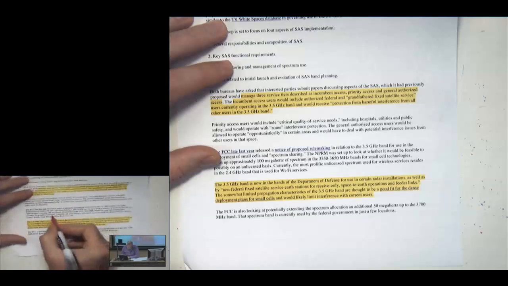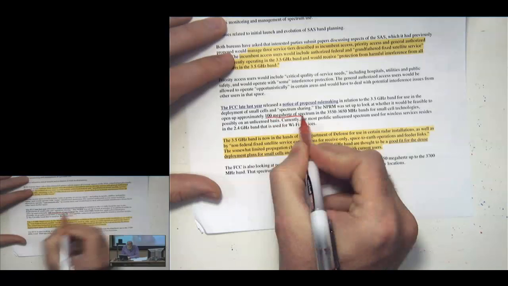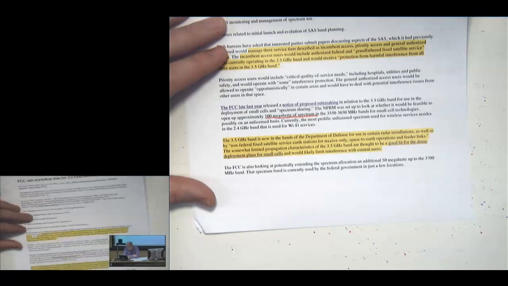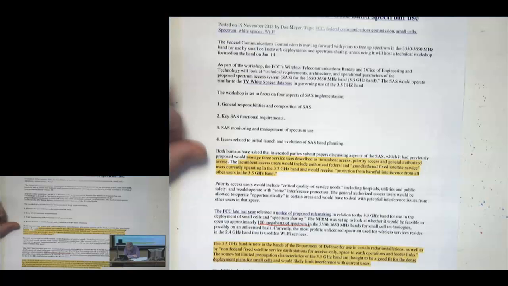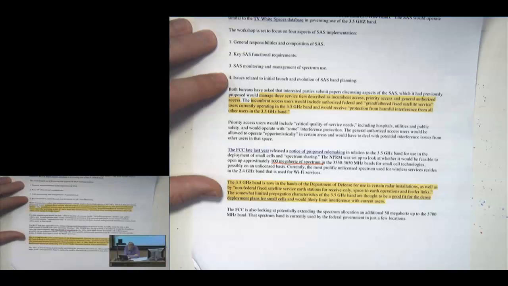And so this will lead to essentially 100 megahertz of spectrum, deployment of small cells, and what's called spectrum sharing here. And all this for 100 megahertz of spectrum, so not a lot of spectrum. I guess it's more than we have in the 2.4 gigahertz ISM band, would essentially double that. But a lot of extra work for that here.